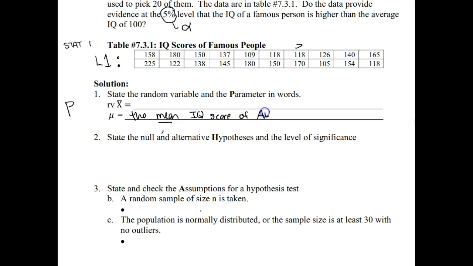And it's for the population, because mu stands for population mean, so of all famous people. That's the value that we're going to test in the hypothesis, and we're going to get information for that from our sample value of x bar. So in words, x bar is going to be the mean IQ score of 20 randomly selected famous people.